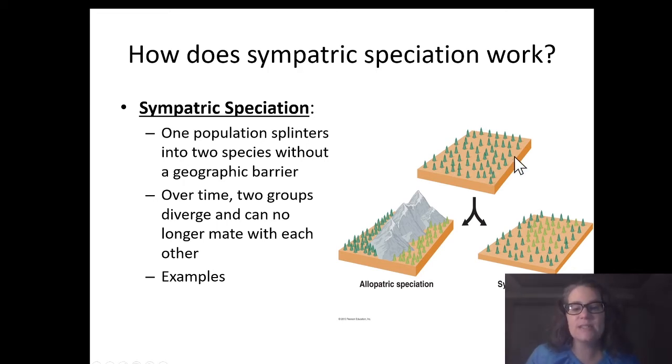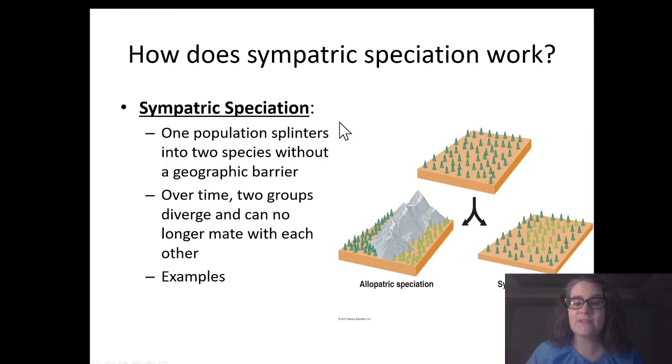So if these tree species started with 30 chromosomes, but some of them became polyploids with 60 chromosomes, where they inherited an extra full set of chromosomes, then you could splinter this population and suddenly have trees with 60 chromosomes and some with 30 chromosomes, and that chromosome number could keep them from mating, could keep them separated over time so that they no longer can mate back with one another.